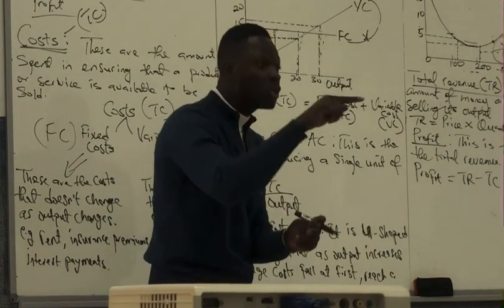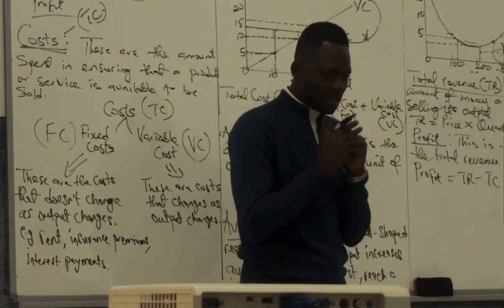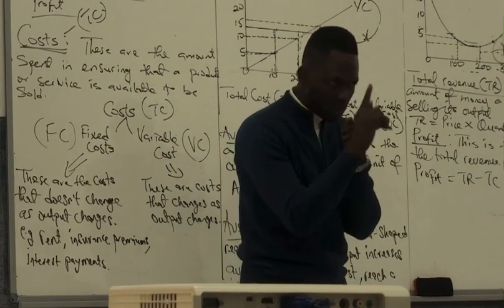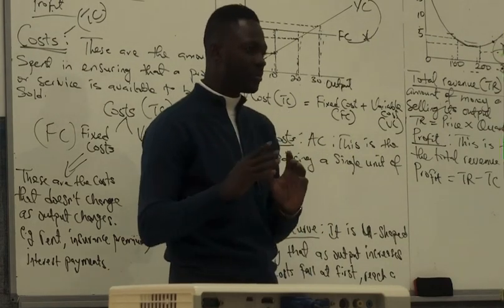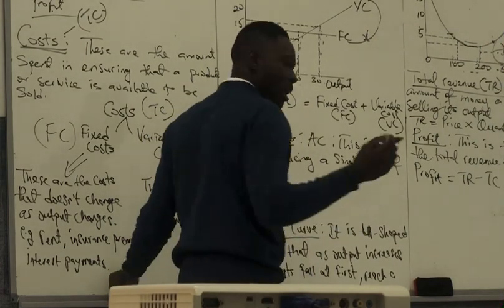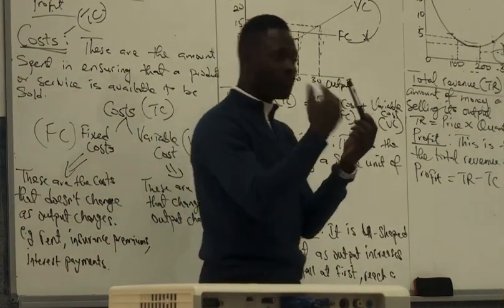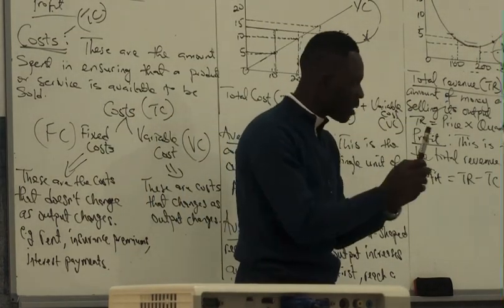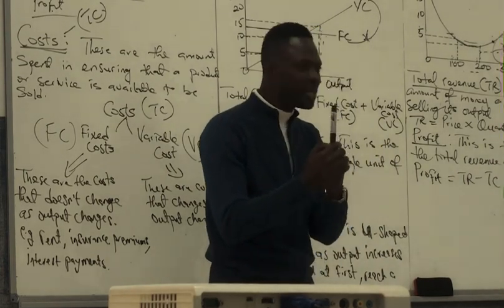So when you are increasing your output, the cost of producing one unit should fall. Let me cite an example. I used to buy 100 of these markers for maybe $10. But then I want to increase what I buy, so I start buying 200.